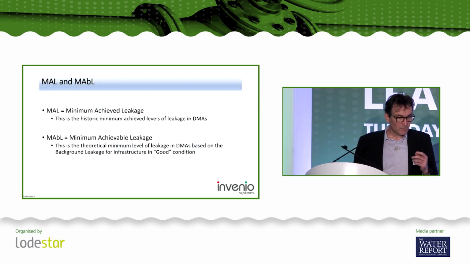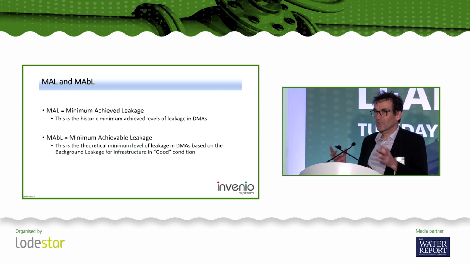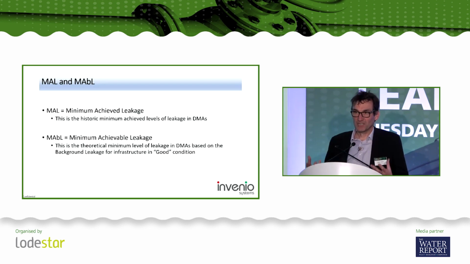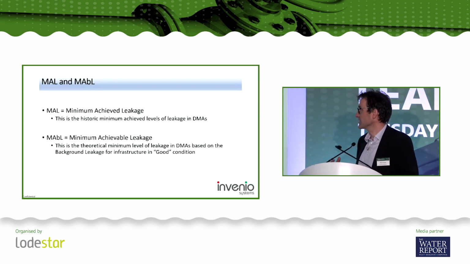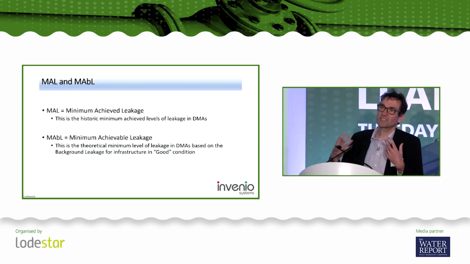So there were two key concepts, which I think have been mentioned in passing by several people today. One of them is minimum achieved leakage. So what has actually been achieved in a DMA? And the other one, which was a term coined in the early 2000s, I think, is MABLE, minimum achievable leakage, a theoretical minimum.